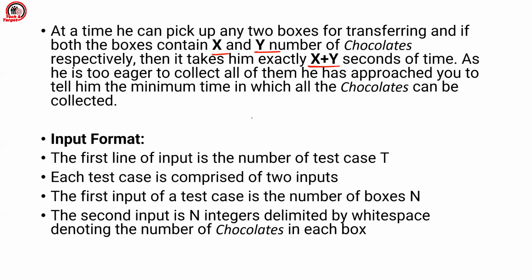For doing that, if there are x chocolates in box one and y chocolates in the second box, then to put both x plus y chocolates into the single box, it takes x plus y seconds of time. That means if there are x chocolates in box one and y chocolates in box two, it will take x plus y time to put all of those x plus y chocolates into a single box. This is what you have to take care of. So this is one condition.